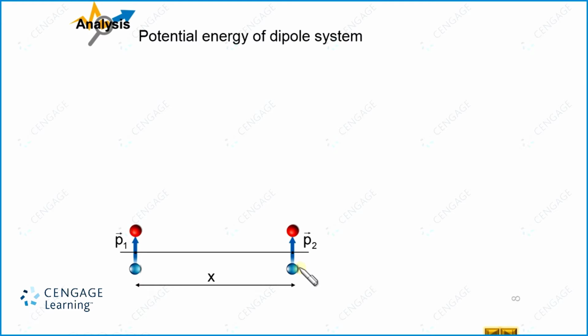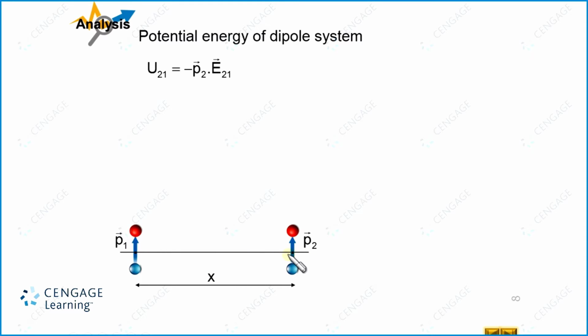Let us calculate U21. We can write U21 equal to minus P2 dot E21. E21 is the electric field generated by dipole number 1 at the center of dipole number 2. The center of dipole number 2 is lying at the equatorial position of dipole number 1.